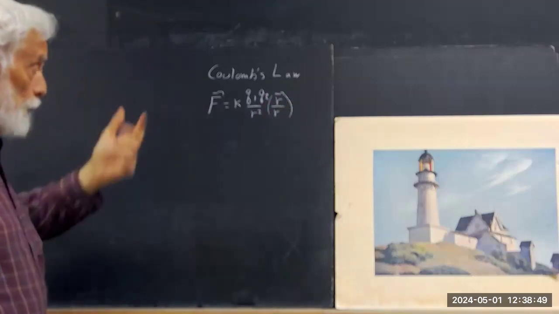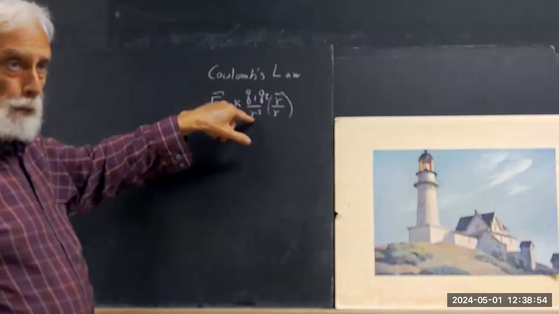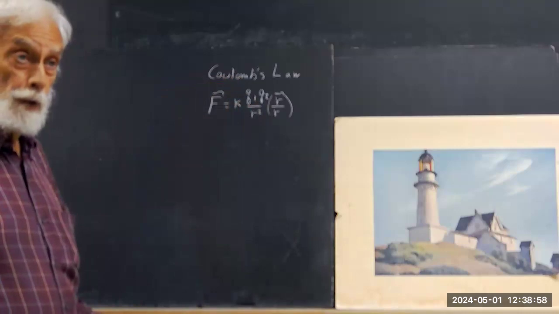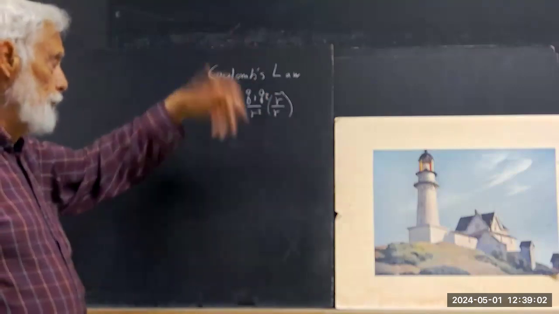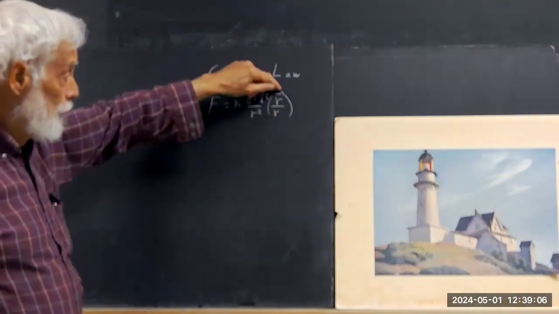I'll write it this way. I don't want to include this R with this one. I don't want to write an R cubed because it looks like an inverse cube law then. Don't want to write an R hat because people miss the hat, think it's the R vector. Okay, so writing it this way.